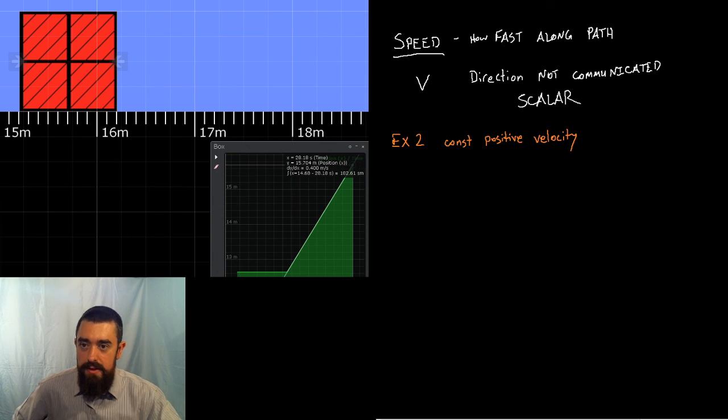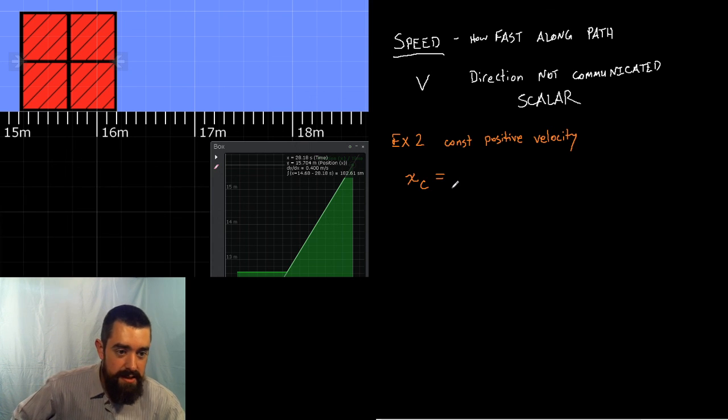Okay, so now we're looking at a new position. Let's call this position, I've used A and B, so let's call this C. Position C is 15.704 meters.